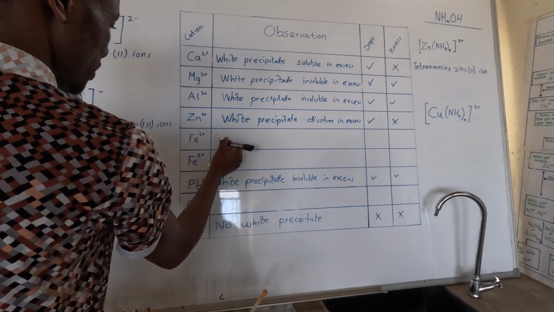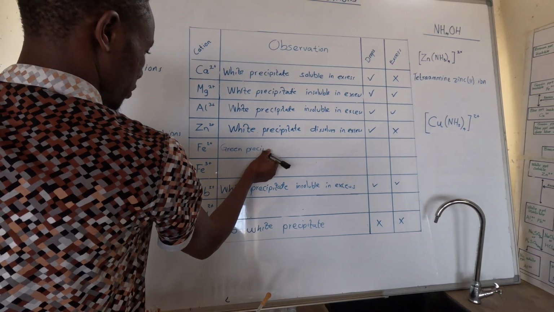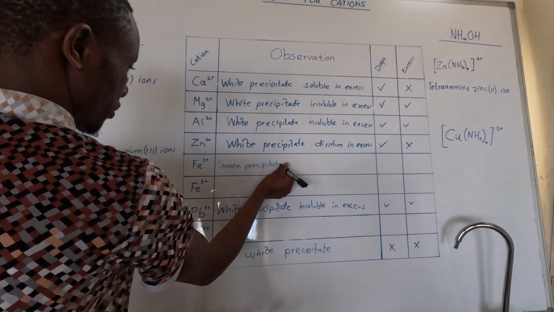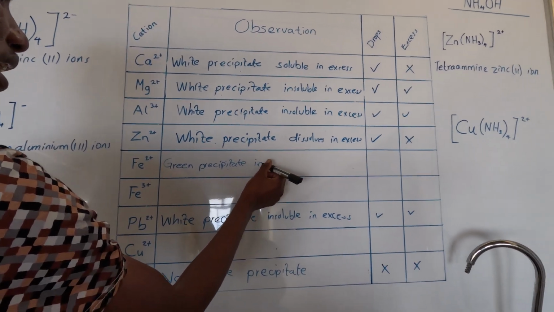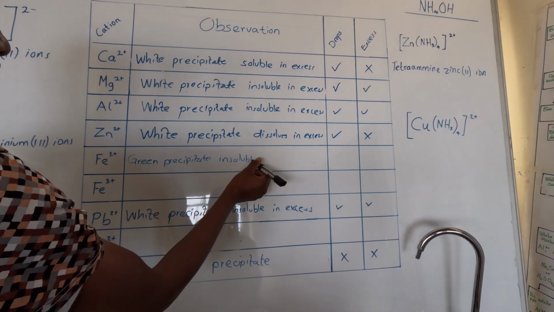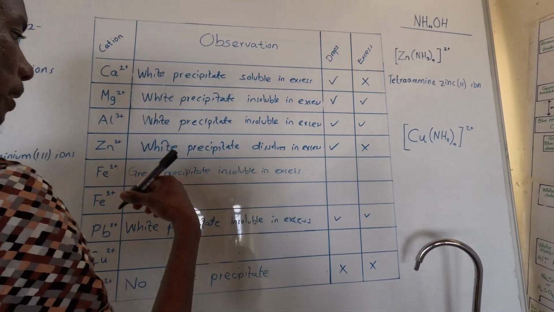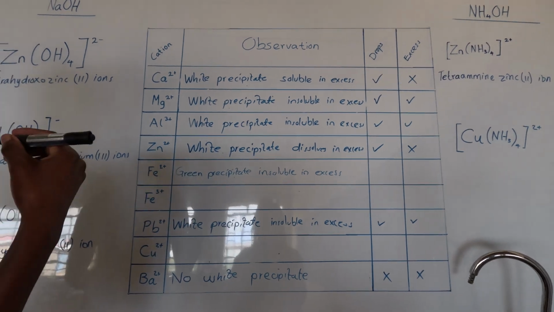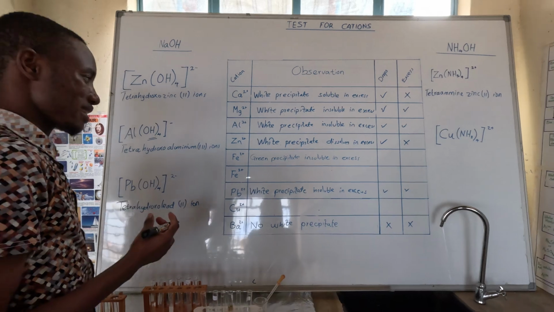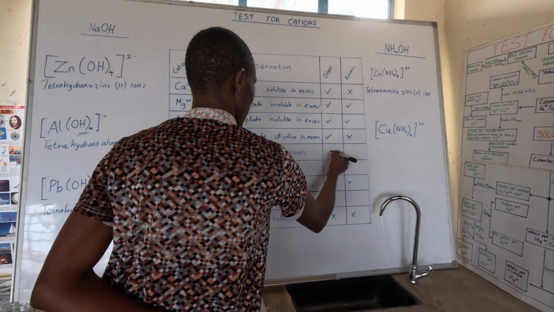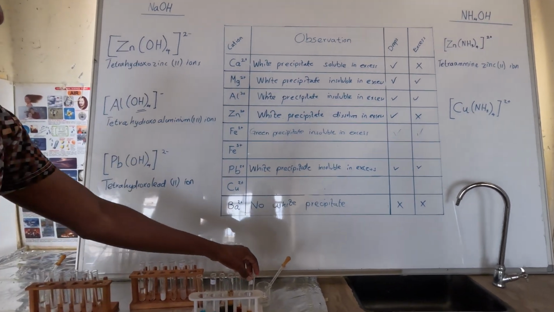In few drops it is a green precipitate. You can still say insoluble in excess, or which forms a dirty green precipitate in excess of ammonia. So that precipitate stays.